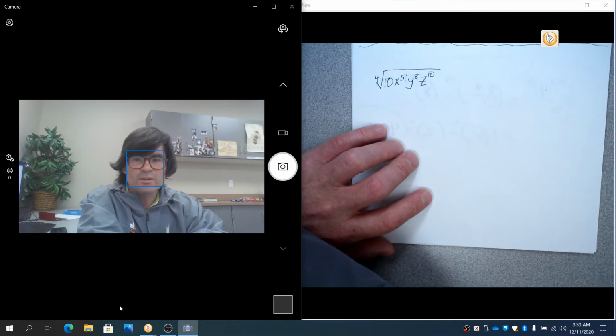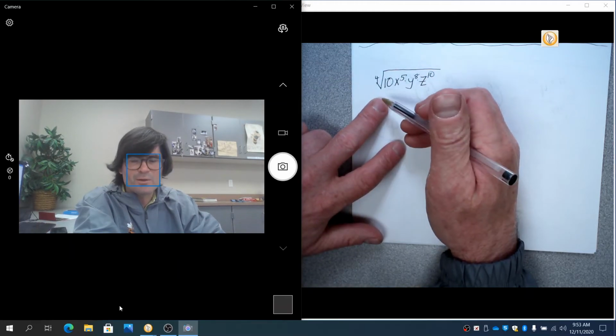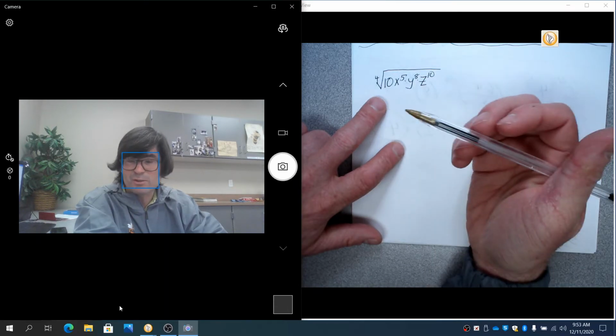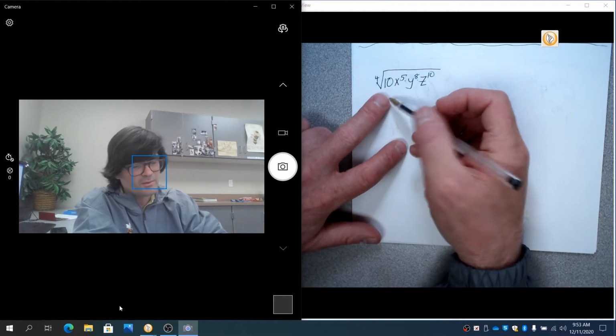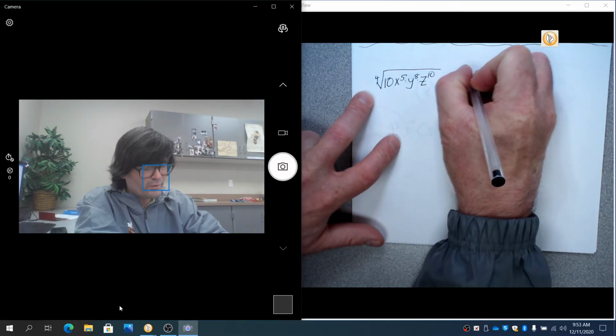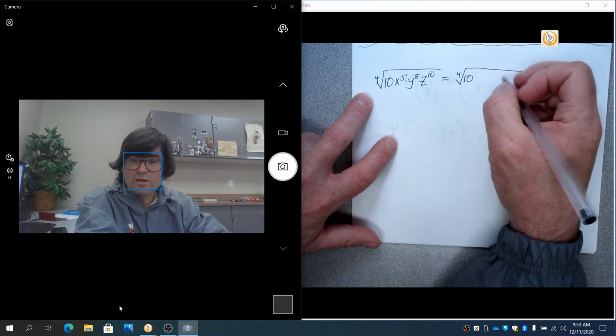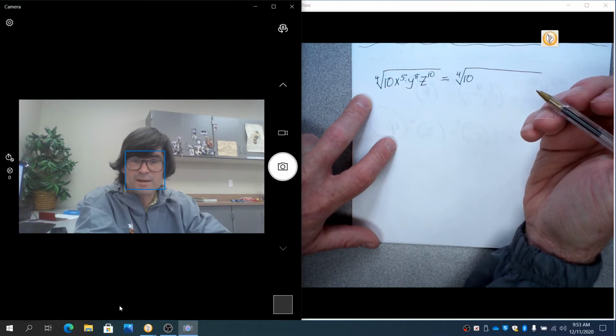So here's what you're going to do. Now with the 10, there's really no place to go with the 10. One of the smallest fourth powers is 16, 2 to the 4th is 16. So what I'm going to do is rewrite all this stuff under the fourth root, and I'm going to break it up into things that could be a nice fourth power and things that might not be.